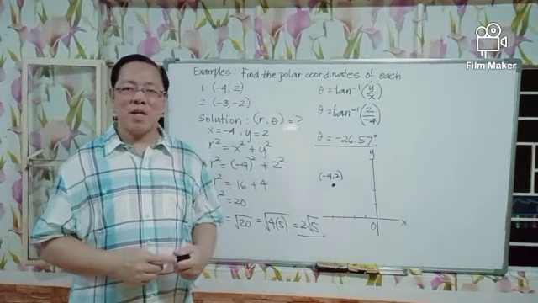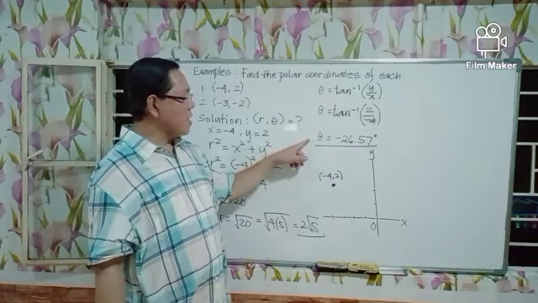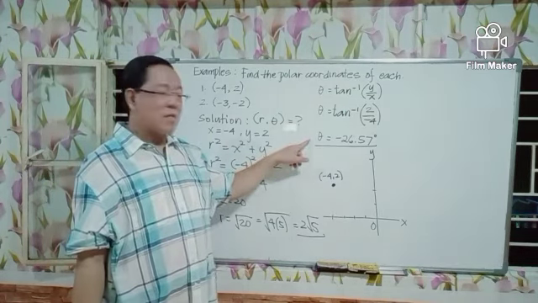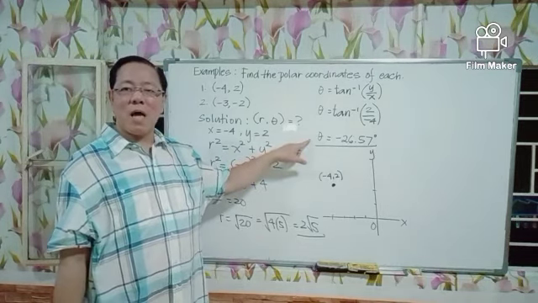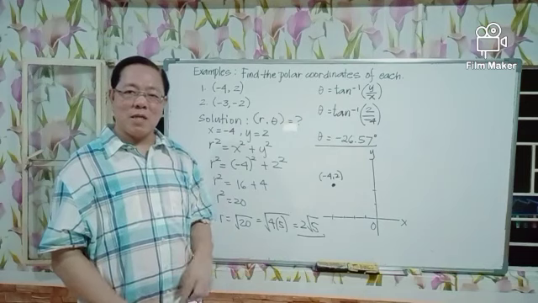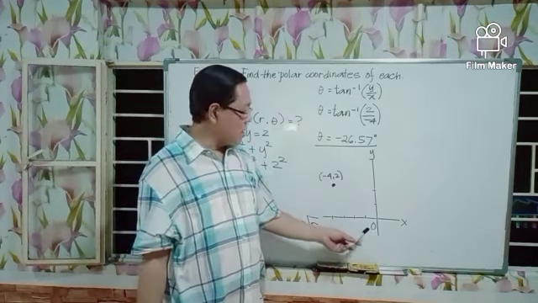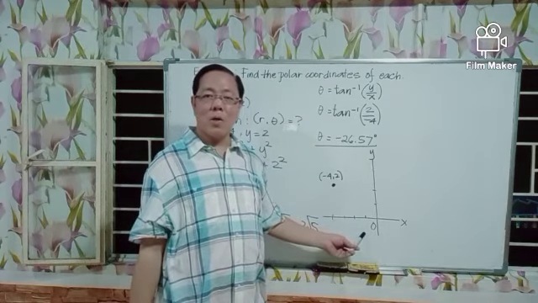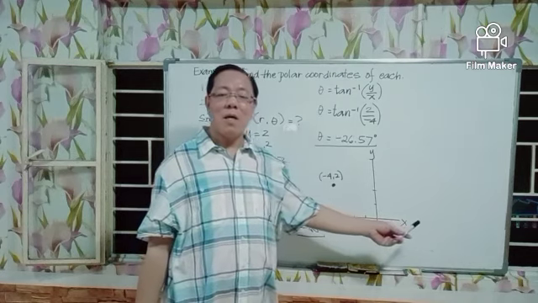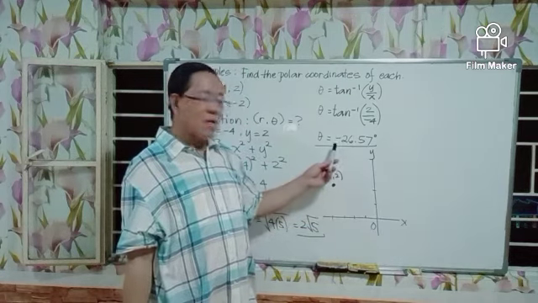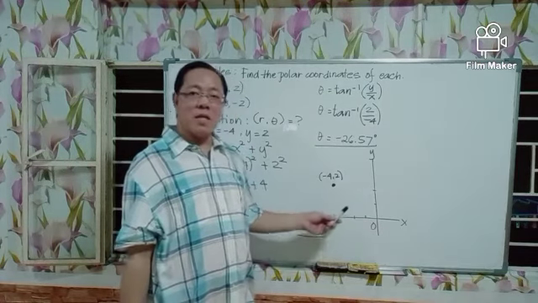That is the point with Cartesian coordinate negative 4, 2. Now, the angle theta is negative. The answer we get is negative 26.57. And this also is taken as an angle in standard position, which means that its vertex is at the origin, and the initial side is on the positive x-axis, but because it is negative, it's measured in a clockwise direction.